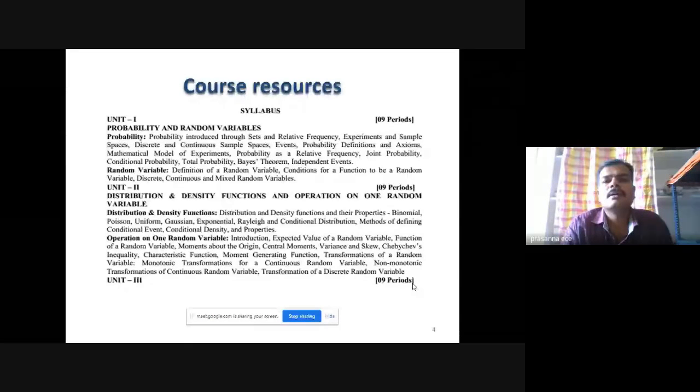The 4th and 5th units are the practically applied concepts. But before that, you have to build the theory, right? You have to acquire the basic skills and a basic understanding of all the probability related concepts. So the first unit is titled probability and random variables.